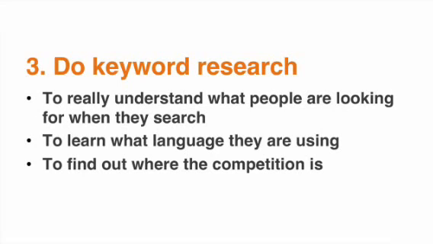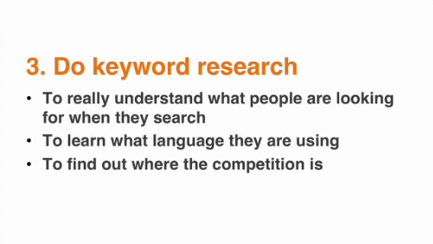And, in every industry, in every niche, there's a certain language that people use to search for products. And you've got to understand that language and what that language means to that particular searcher. You've got to kind of get inside of their head to understand what it is that they're looking for, so that you can make sure that your ads and your offers are most relevant to them.